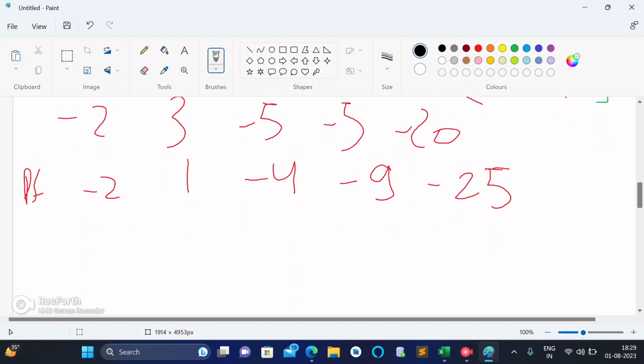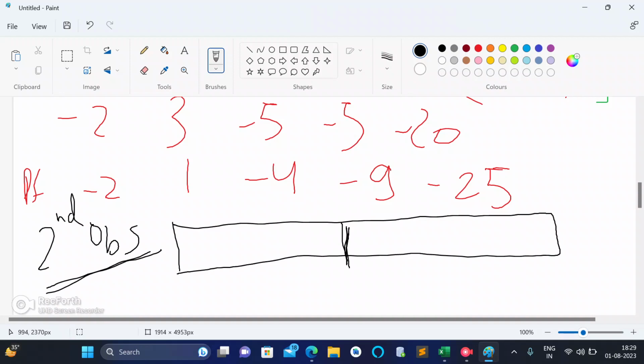The second observation we can make is, let's say there are a series of numbers, and we are at any position in between, and we can see that the prefix sum, that is the sum of these elements, is not the minimum value.